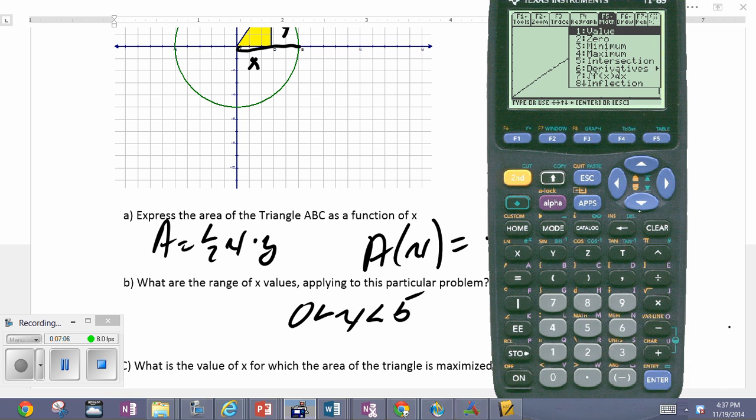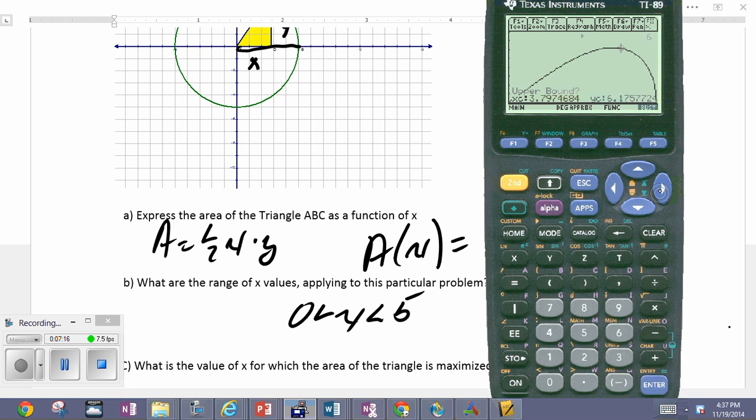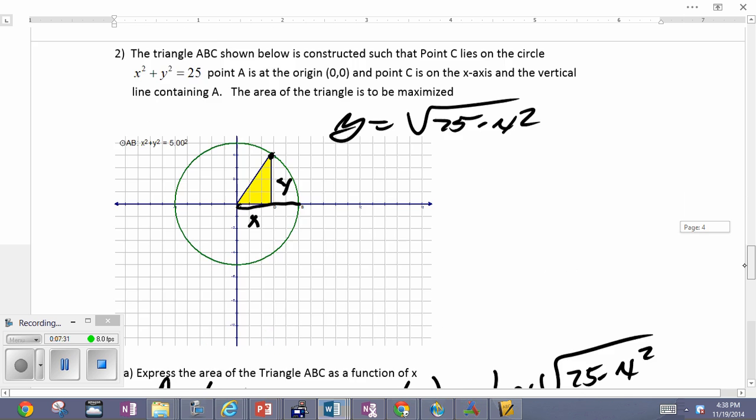All right, find our peak. F5, max, to the left, enter, over to the right of the max point there. Enter that. Max is out. X equals 3.53. The Y value is the area.